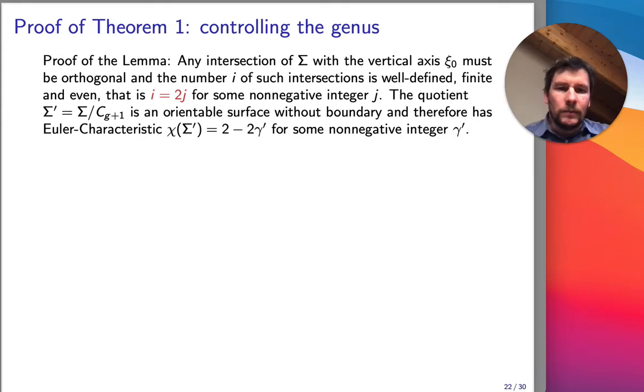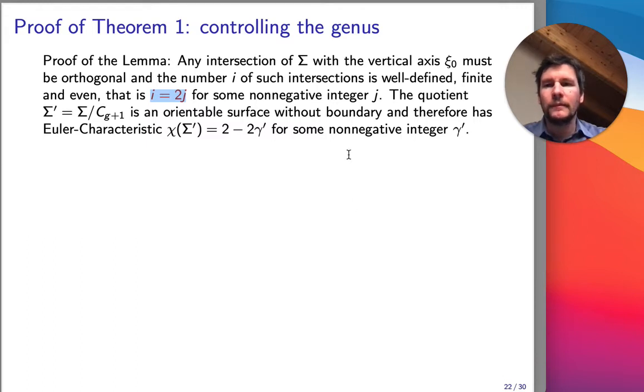Even just because this closed object has an interior and an exterior, and so therefore it's clear that every intersection must come in even numbers, okay? Now, this means that the number of intersections is some 2j for some non-negative integer j.